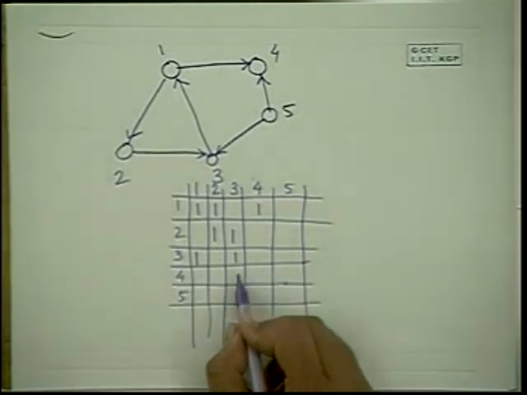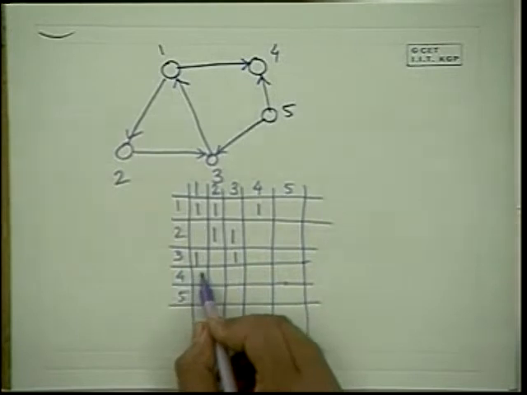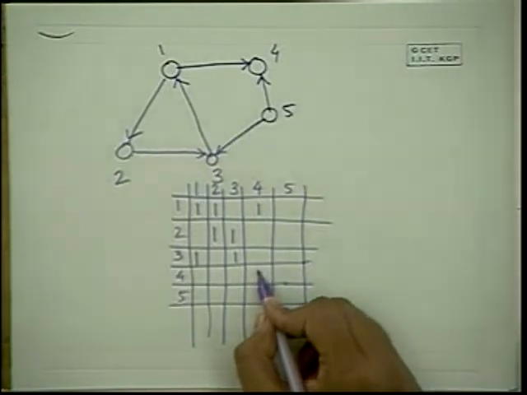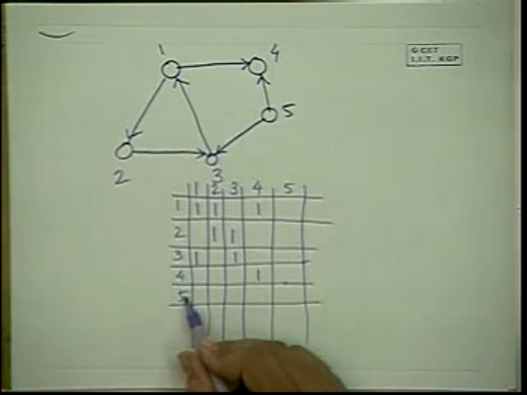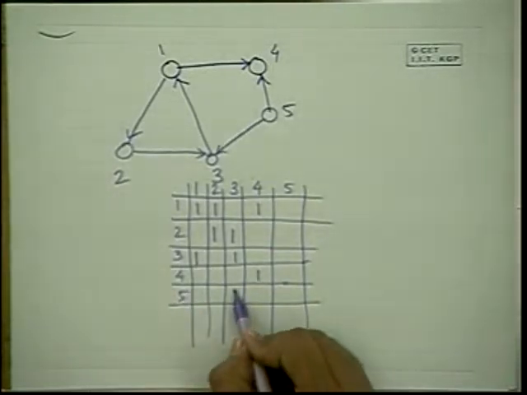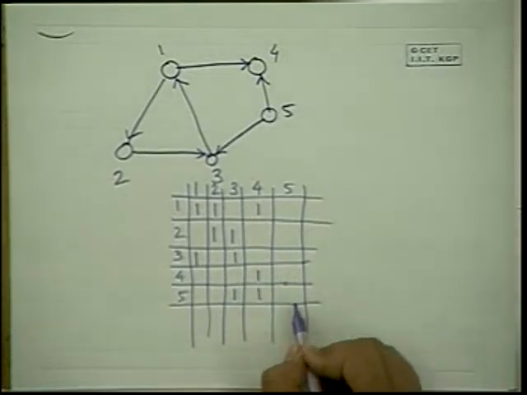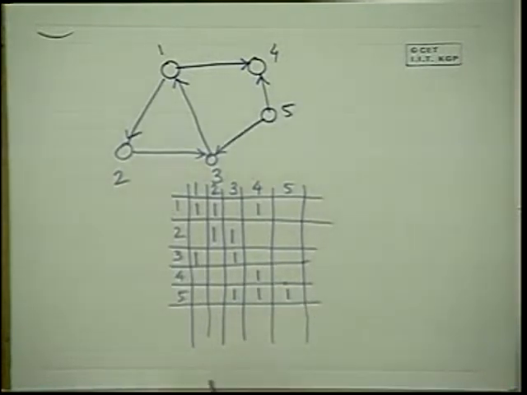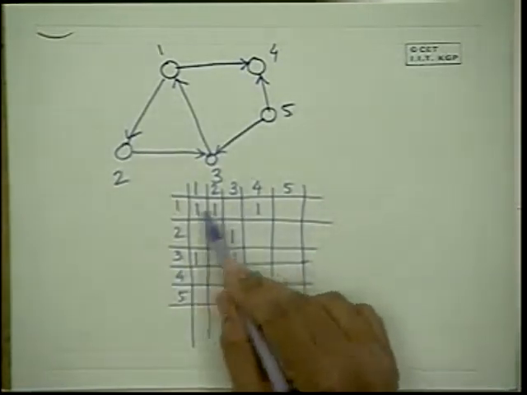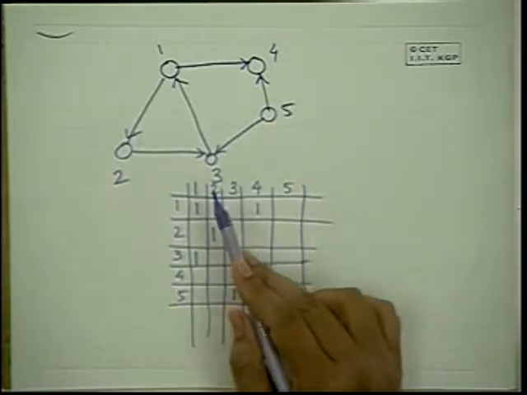No. Then from 4, there is nothing, maybe 4 to 4 only, there is only 1. And what about 5? From 5 I have an edge to 3 and 4 and 5 itself. Everything else is 0 basically. So this is the adjacency matrix for the given graph.